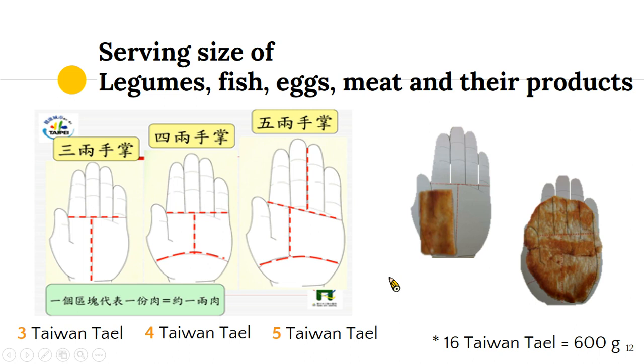In principle, palms are divided into 3 liang hand, about 15 centimeters, 4 liang hand, about 18 centimeters, and 5 liang hand, more than 20 centimeters, according to small, medium, and large size. One block represents 1 serving of meat, equal to 1 Taiwan liang in length of meat. Please refer to the picture.